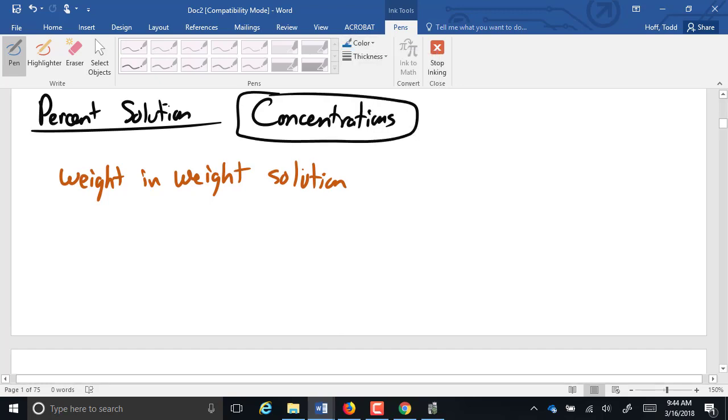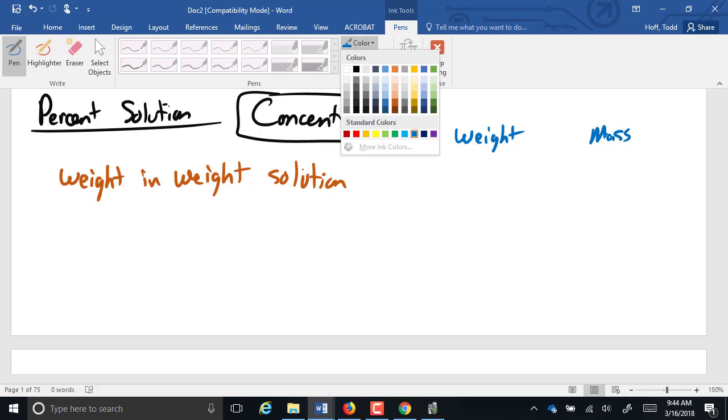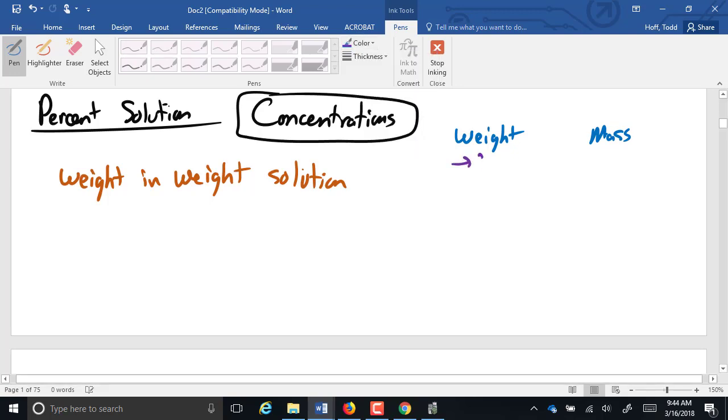Now, I don't know if you went over in the last unit the difference between weight and mass. We tend to really blur the lines between weight and mass. Weight is the force of gravity on an object.